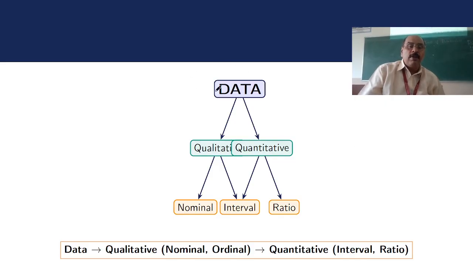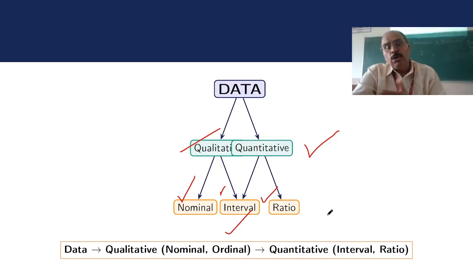So here we have classified data into qualitative and quantitative. For qualitative data, we prefer nominal, ordinal, interval. Interval can be used for both quantitative and qualitative data. Ratio cannot be used for qualitative, categorical data.